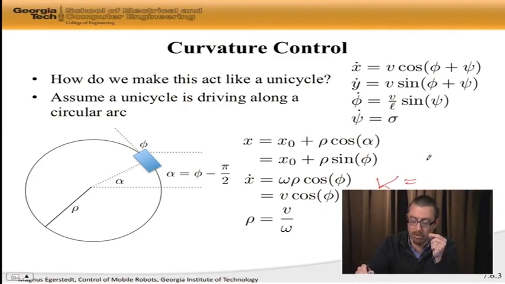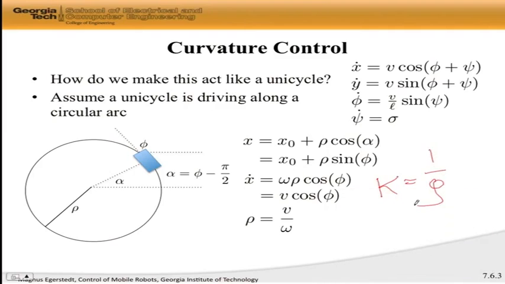So the curvature is simply 1 over rho, which means that the curvature I would get if I have omega and v, well, it's omega over v. So the bigger the omega is, the tighter the circle, meaning the higher the curvature. If omega is 0, I'm going in a straight line, and the curvature is 0. So this is the curvature of a unicycle.